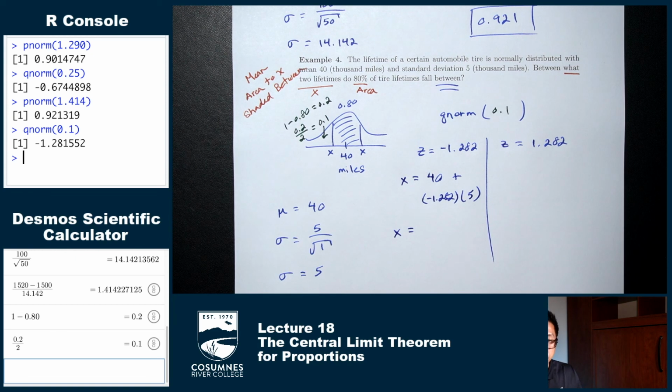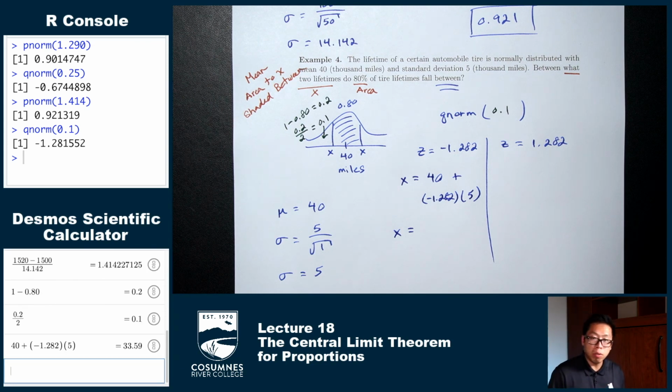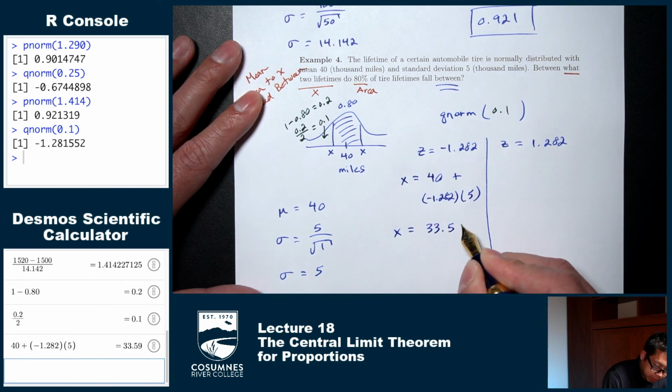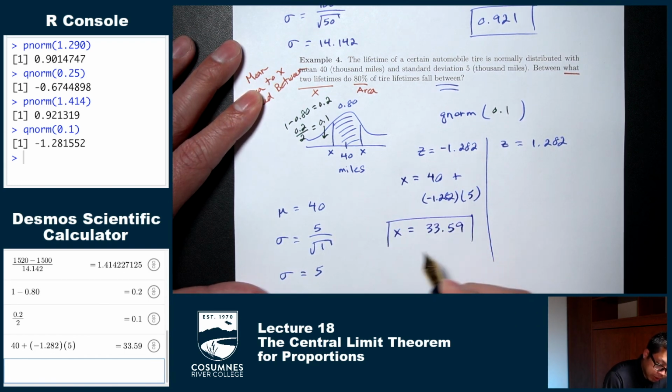Let's write this out, or use a calculator. 40 plus negative 1.282 times 5 is 33.59. Okay, that's one of the x's.